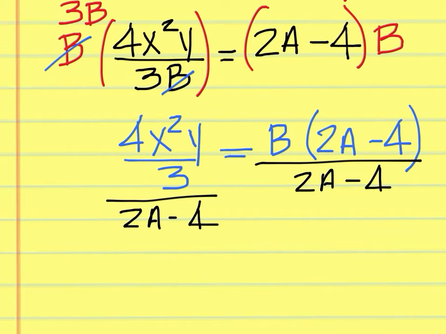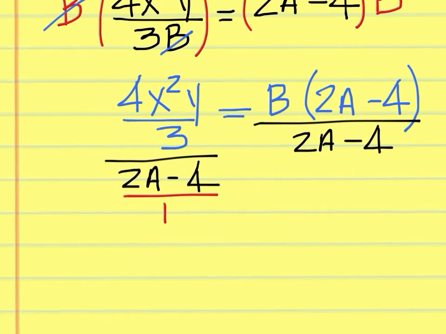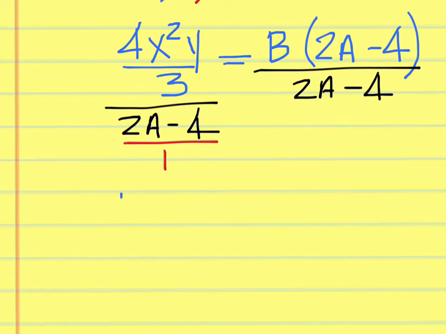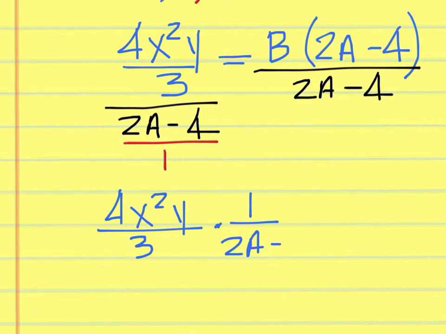Doing that is the same thing as dividing by a fraction over here with a denominator of 1. When you divide by a fraction, you flip and multiply. So we're going to keep the 4x to the second y where it's at, and then we will have that multiplied, of course it's over 3, and then multiplied by 1 over 2a minus 4.